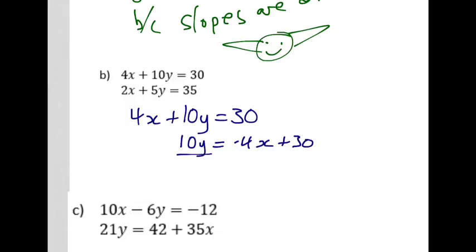Divide out the 10. So y equals negative 2 over 5x plus 3. I just reduced 4 over 10 to 2 over 5, and 30 divided by 10 is 3.